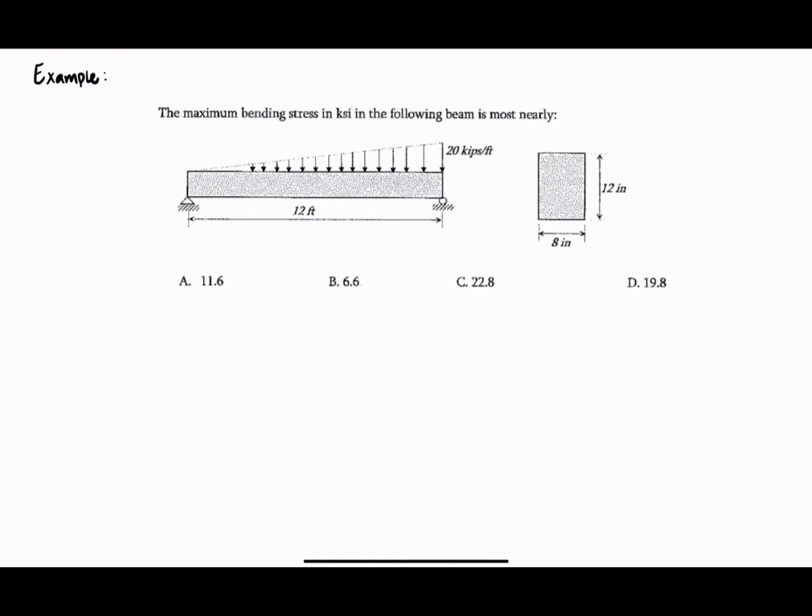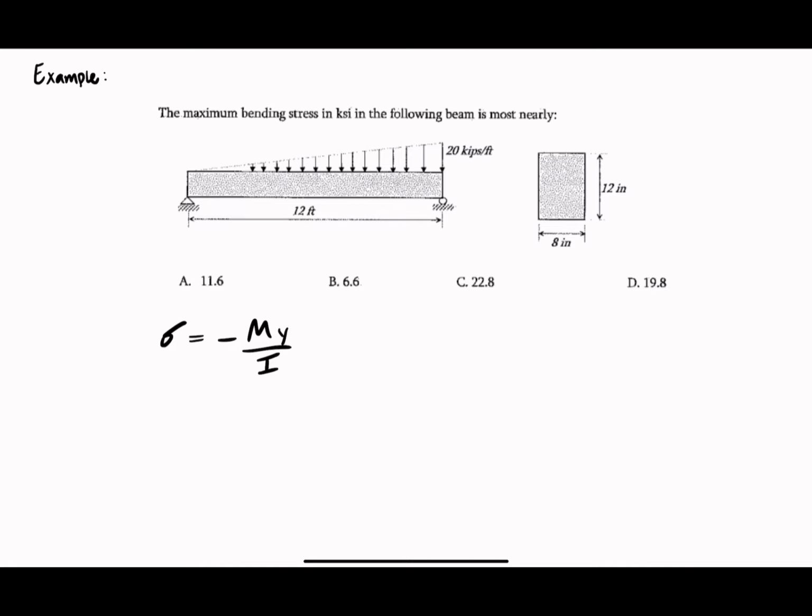Our bending stress equation is sigma is equal to negative My over I. Cool. So let's see what we know. We have this rectangular cross section.